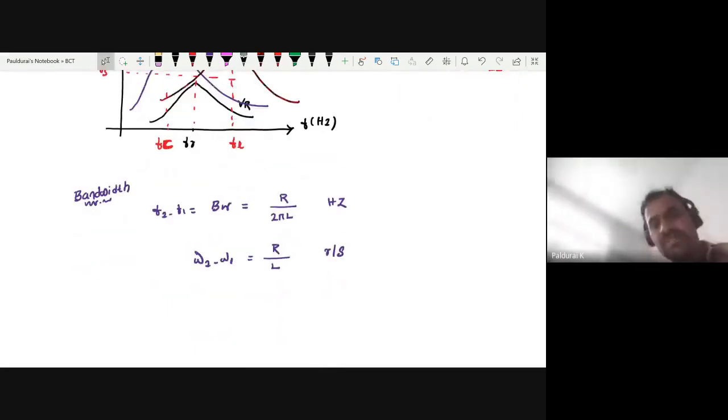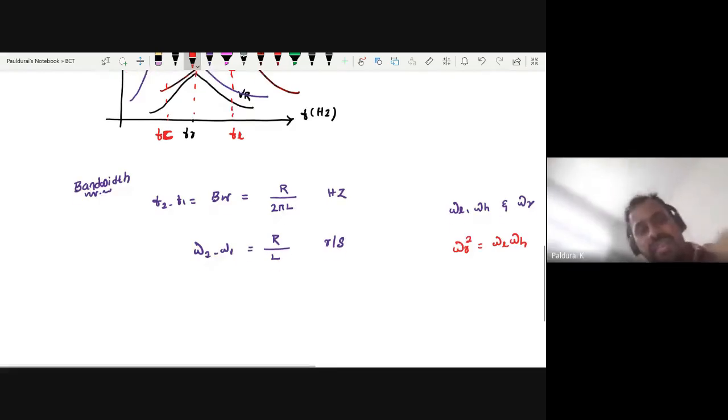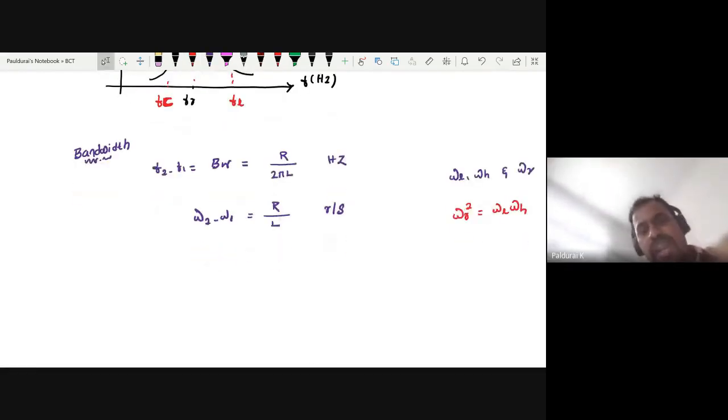After that, what is the relation between omega L, omega H, and omega R? That we derived. So omega R squared equals omega L times omega H. So this is about the bandwidth. We derived the bandwidth from this formula.